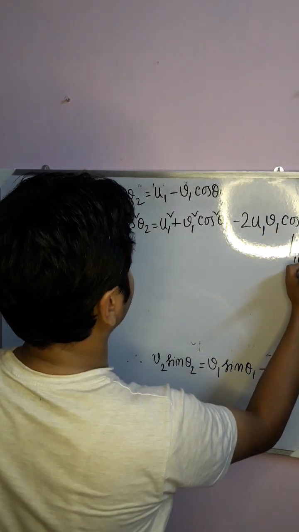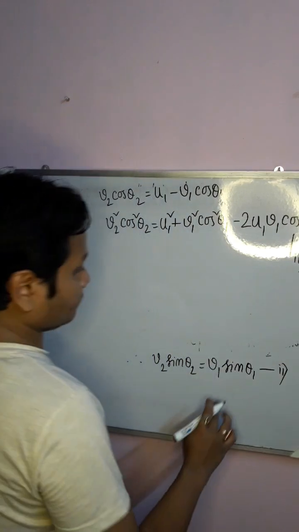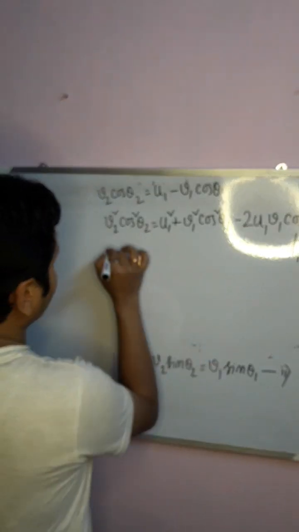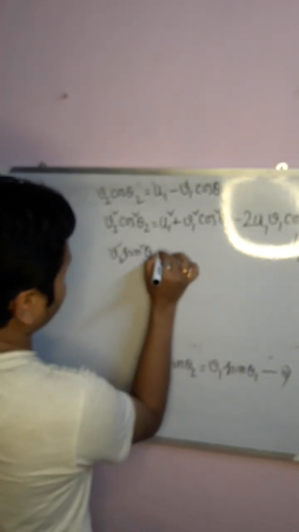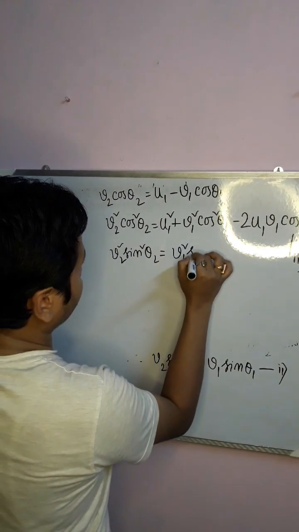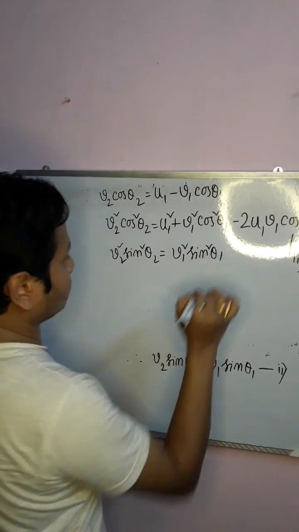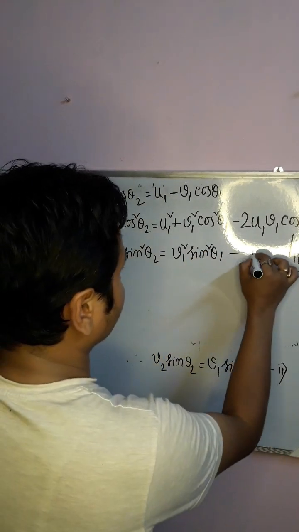We call this equation 3. From the other equation, taking the square, v2 square sin square theta 2 is simply v1 square sin square theta 1. This gives equation 4.